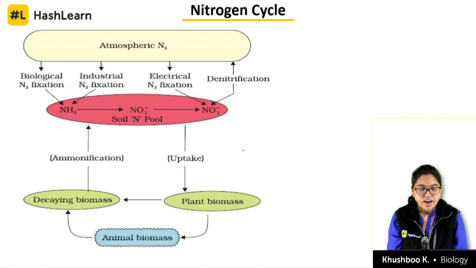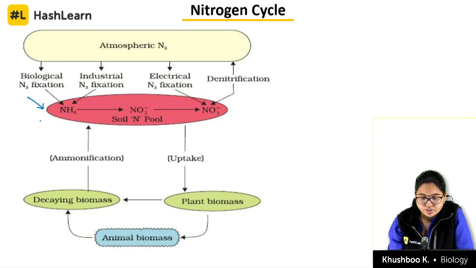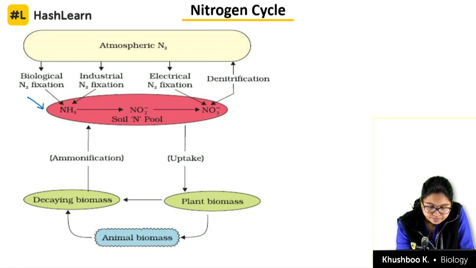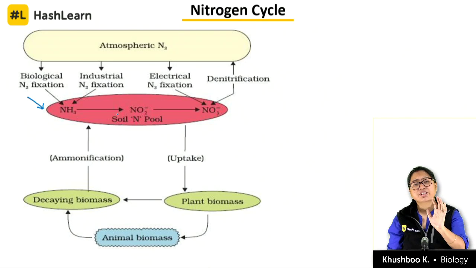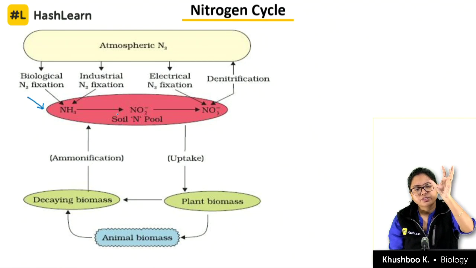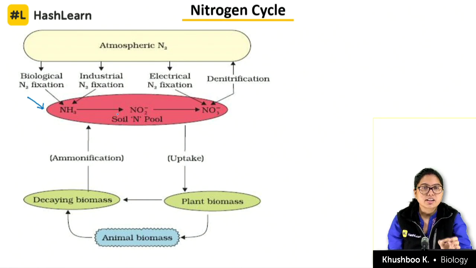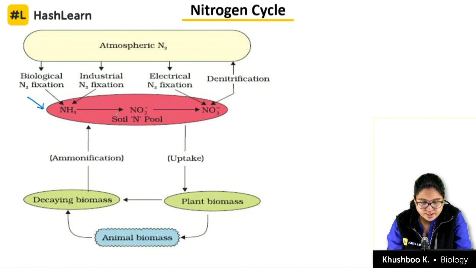So you have the atmospheric nitrogen, and this step is your nitrogen fixation. Nitrogen fixation is basically the process by which the atmospheric nitrogen comes down to the soil. Any step which is bringing it to the soil is called nitrogen fixation.